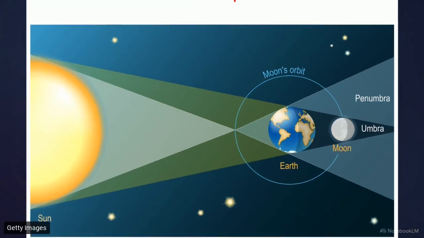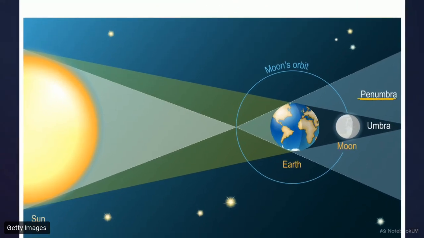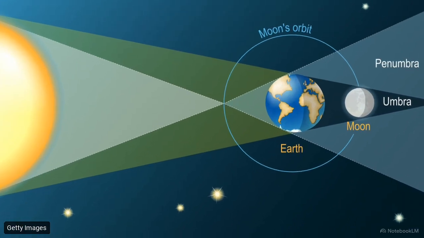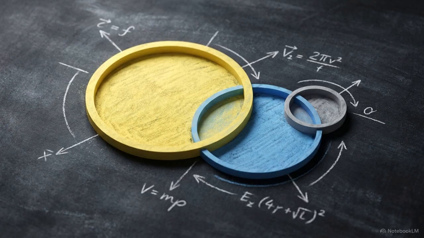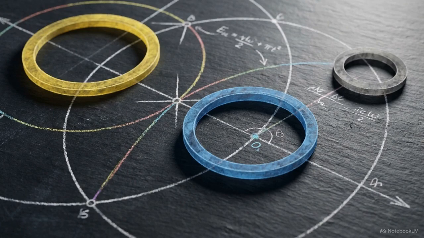As the Moon moves behind the Earth, it first enters the penumbra, the outer cone of partial shadow. A total eclipse only occurs when the Moon passes entirely into the umbra, the deepest, darkest center of Earth's shadow. The passage of our days, the shift of our global climate, and the casting of planetary shadows are all direct, observable results of intersecting orbital planes and conserved angular momentum.